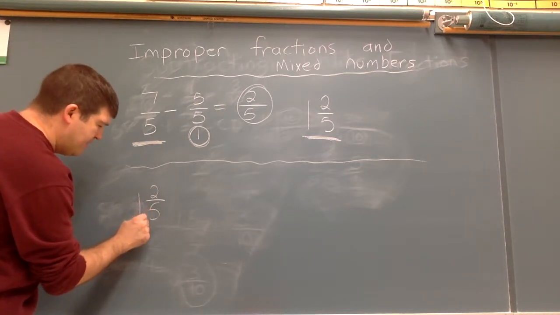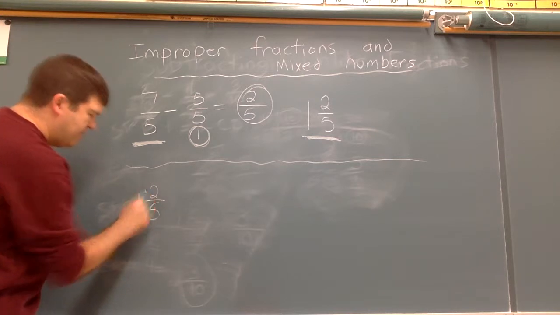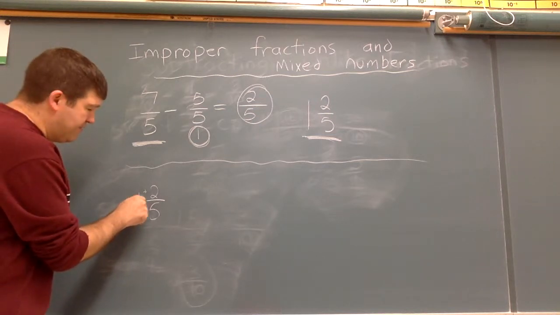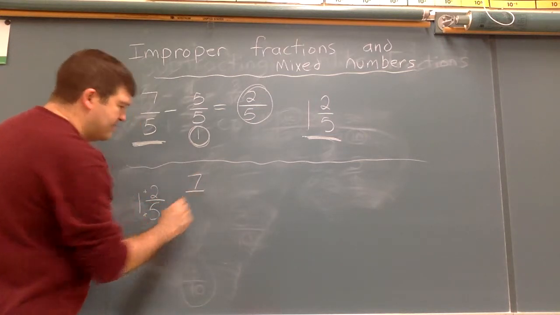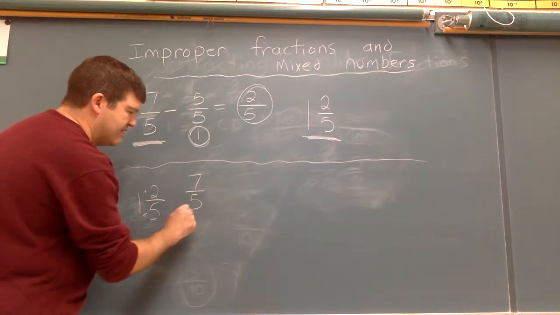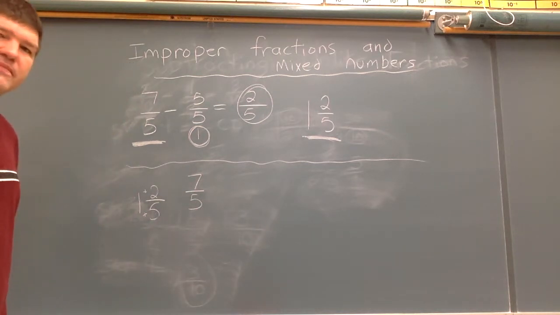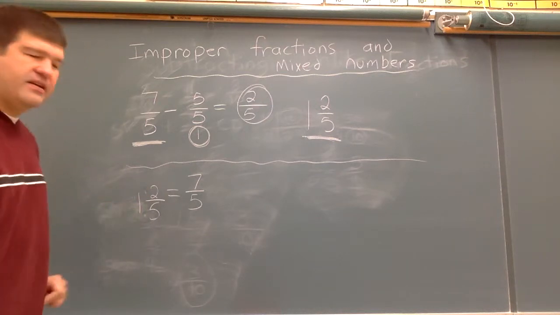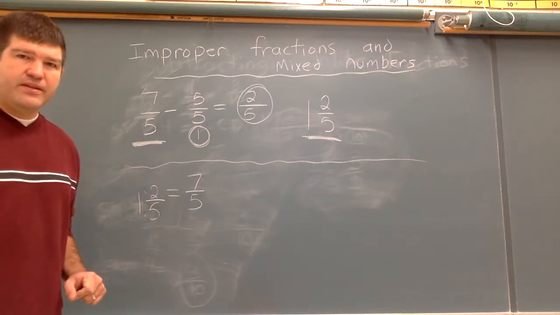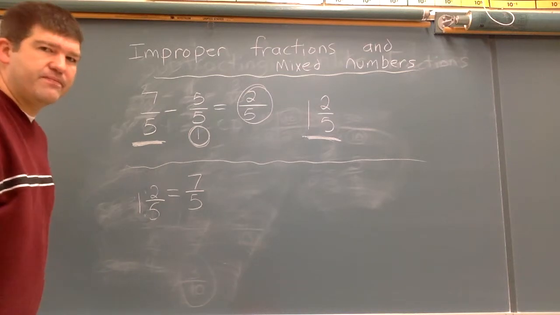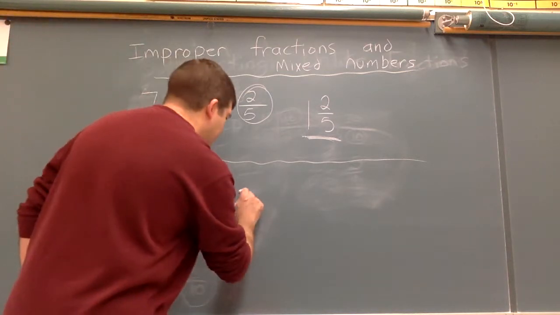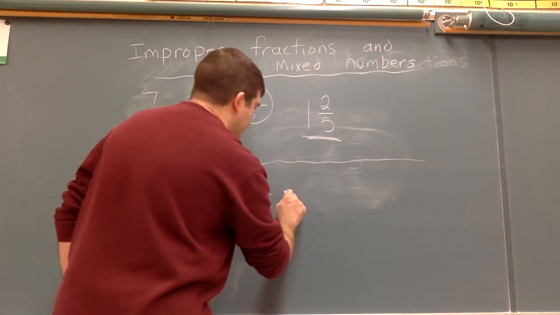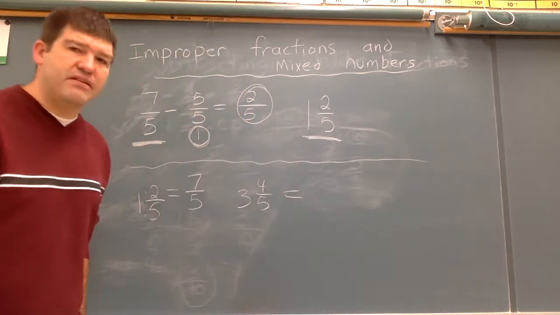So it's 5 times 1 plus 2. 5 times 1 is 5, plus 2 is 7, and that stays the same. 1 and 2/5 equals 7/5. You do that every time. So let's do 3 and 4/5. 3 and 4/5, that's a mixed number.